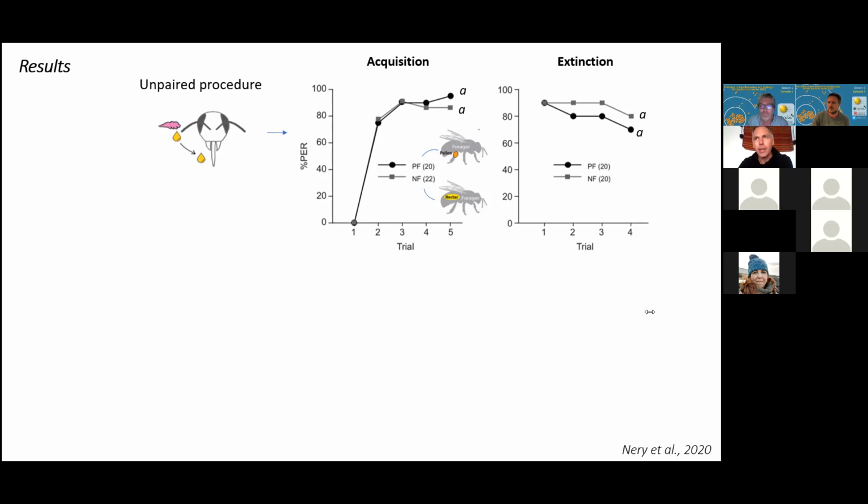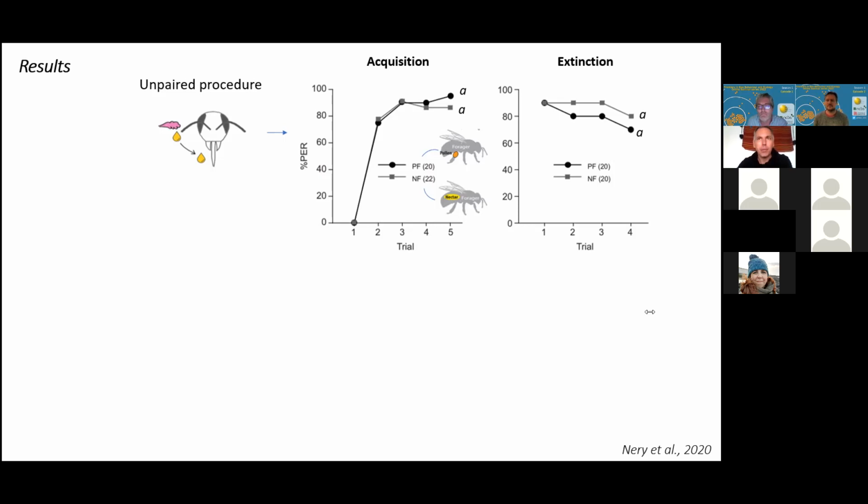And that's why we managed to modify this procedure a bit in order to have bees that continue responding to pollen, or at least pollen presentation, sugar plus pollen, along at least 4 or 5 trials.